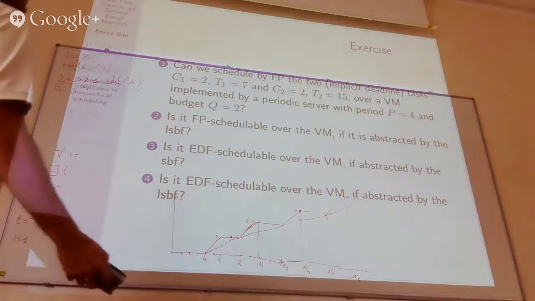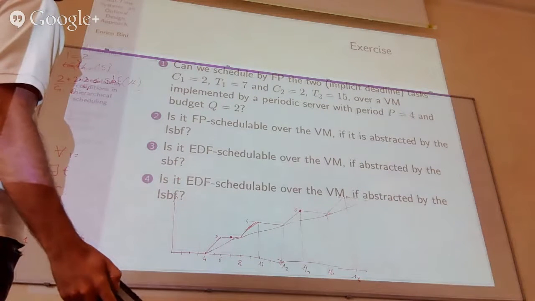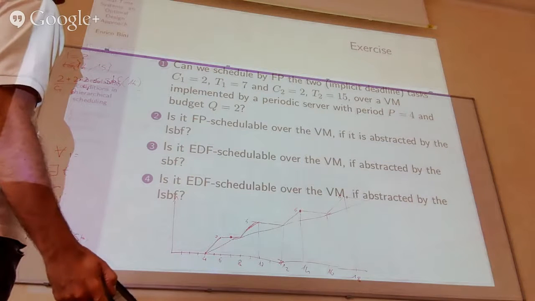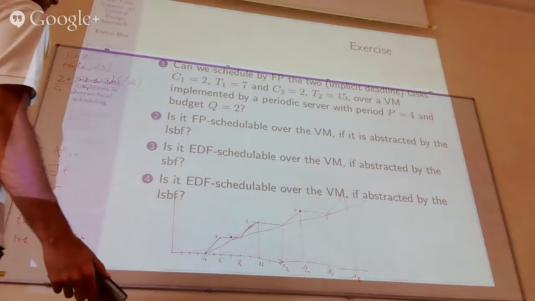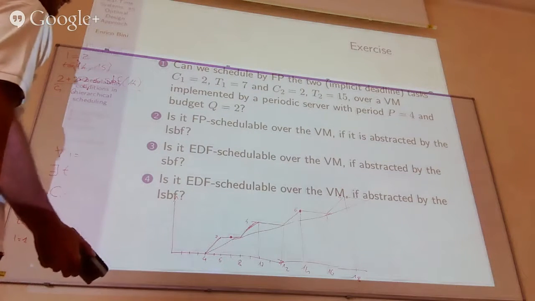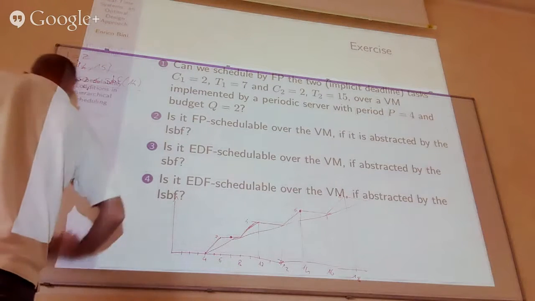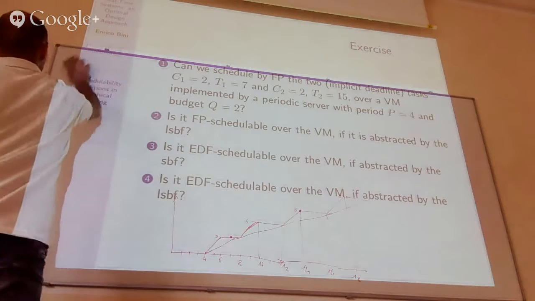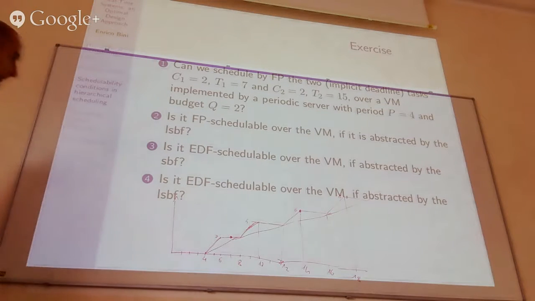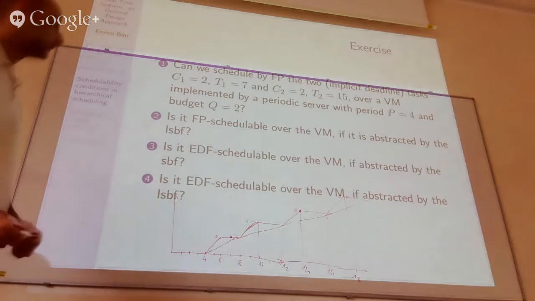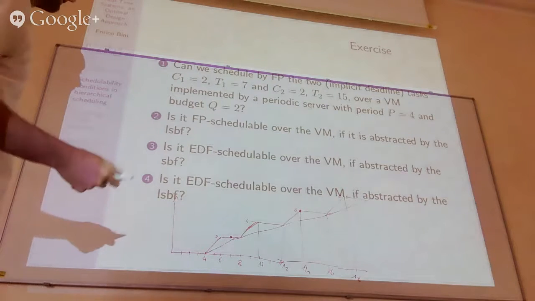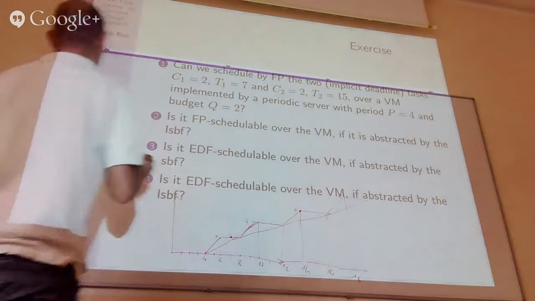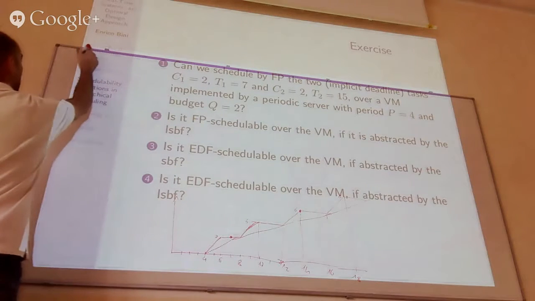Let's see. Well, that's EDF. Well, 15. Let's see. Okay. We have to check at all the absolute deadlines, so we have to check all the points.